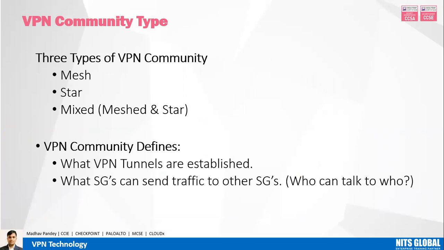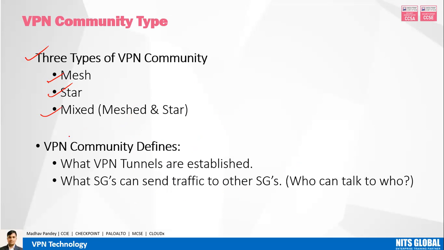All right, now VPN community types. Now this community is very important because community describes how your VPN is to be deployed in your large scale topology. So there are three types of VPN community: mesh, star and mixed.